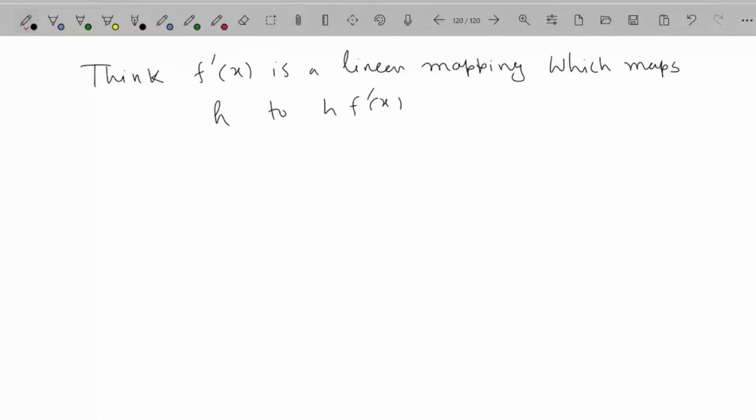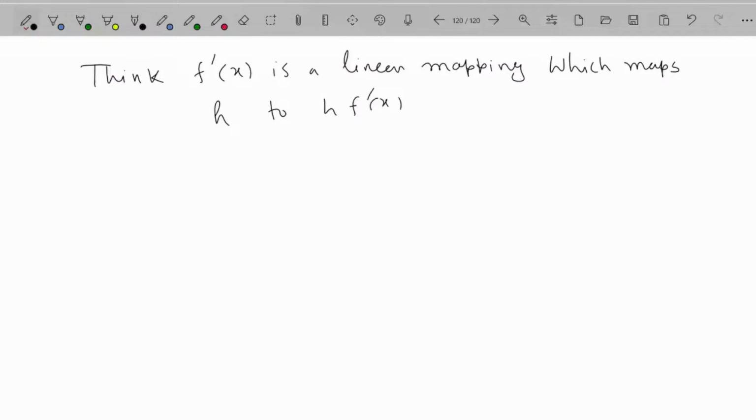Okay. So we are considering f dash x a real number. So actually every real number can be thought of as a linear mapping from R1 to R1. Or any linear mapping from R1 to R1, we already proved that it's of the form k into h, a constant into h form. We already proved in our tutorial, correct?